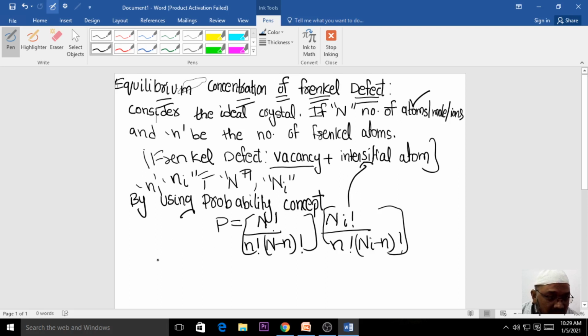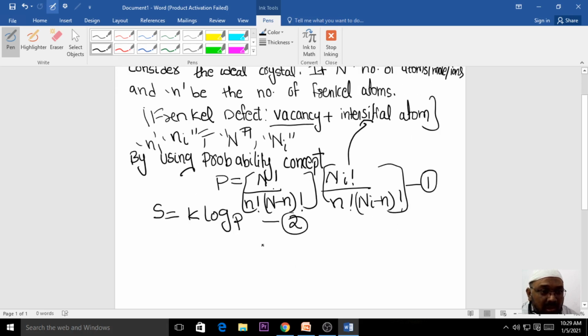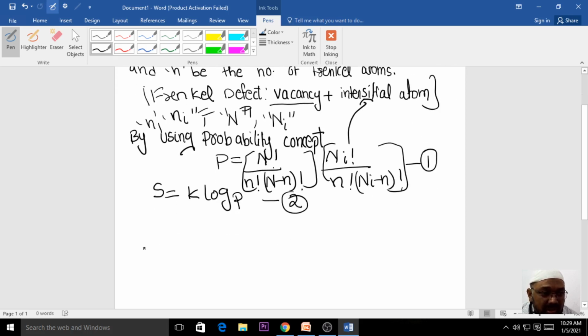So here we'll apply the same concept. What is entropy? You know that entropy is given by k log P. This is equation number 1 and this is equation number 2. Very simple. What you need to do first is take the log.